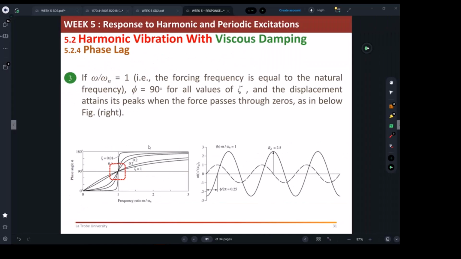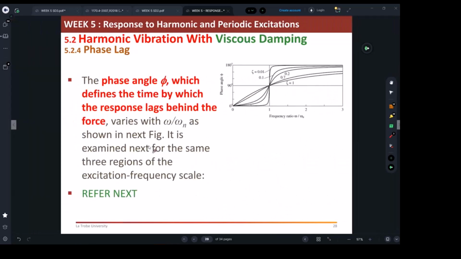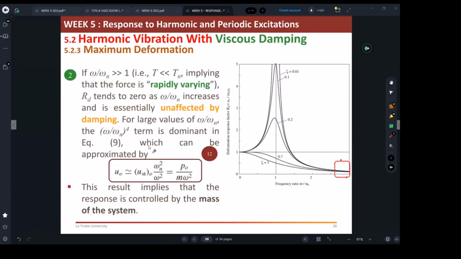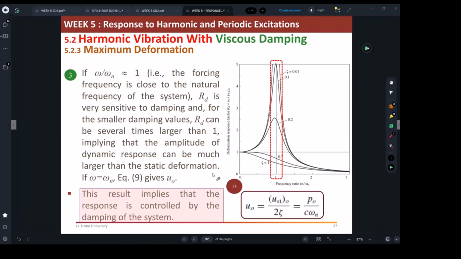So that's the notes we have for today. In summary, pay strong attention to the frequency charts I took you through, and understand the formulas we are using for each situation. Equation number 13, we simply use when we have resonance.